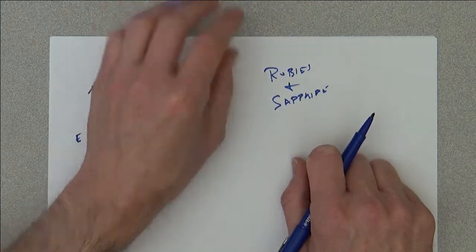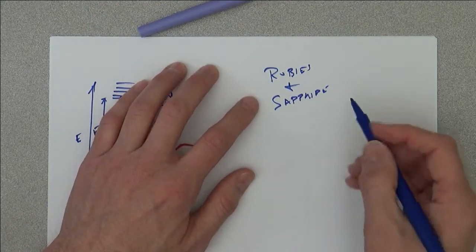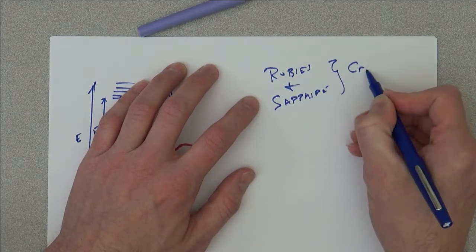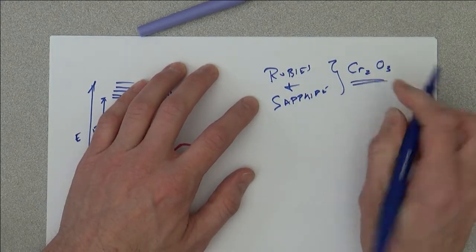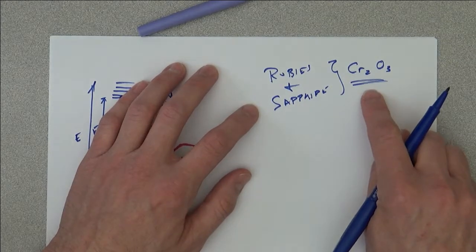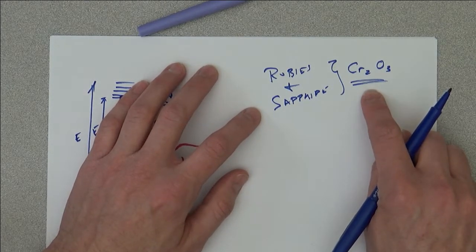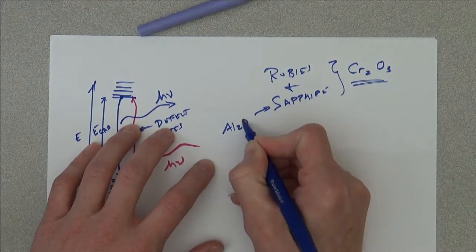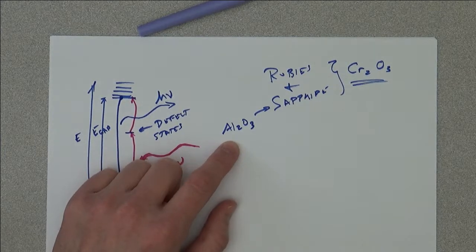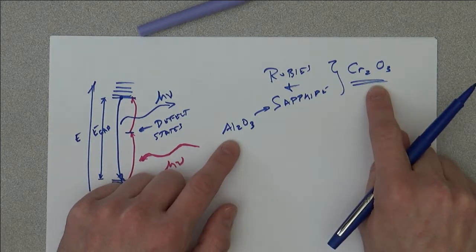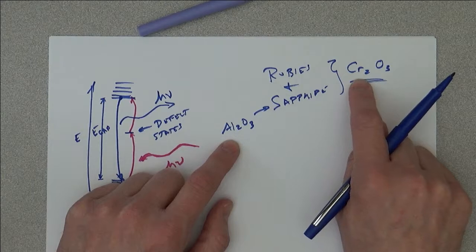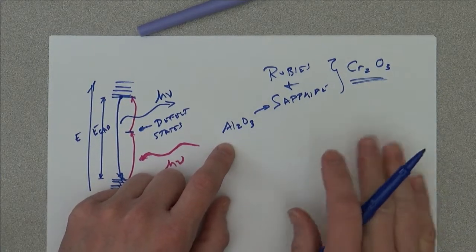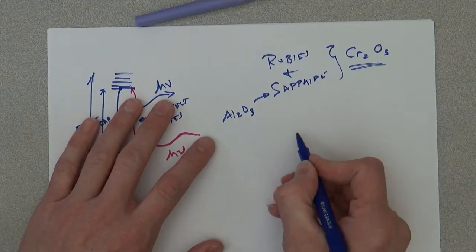So they shouldn't be absorbing in the optical range. Turns out, though, oftentimes you'll get chrome oxide that is mixed in with this. And your sapphire here is Al2O3. And you see these have a very similar chemical formula, and by size, chrome will substitute onto the aluminum site.